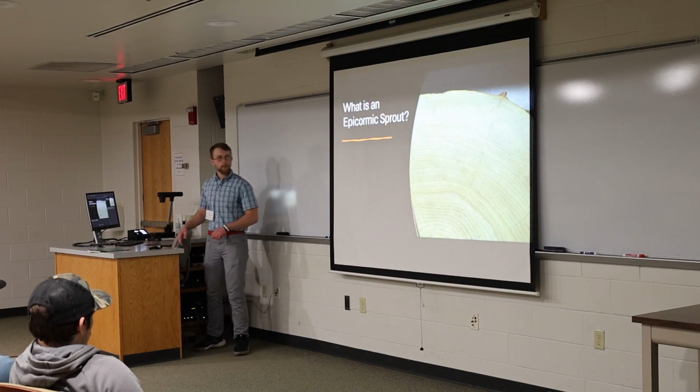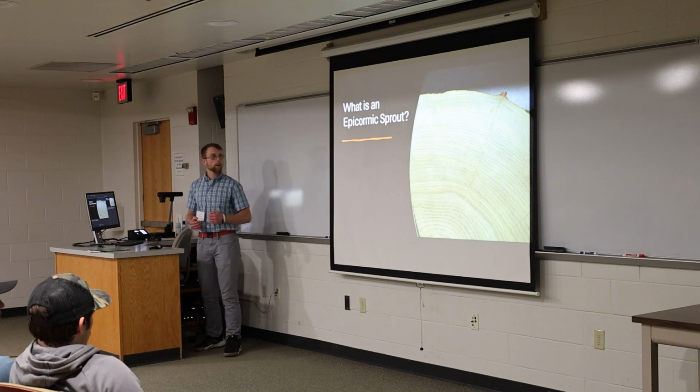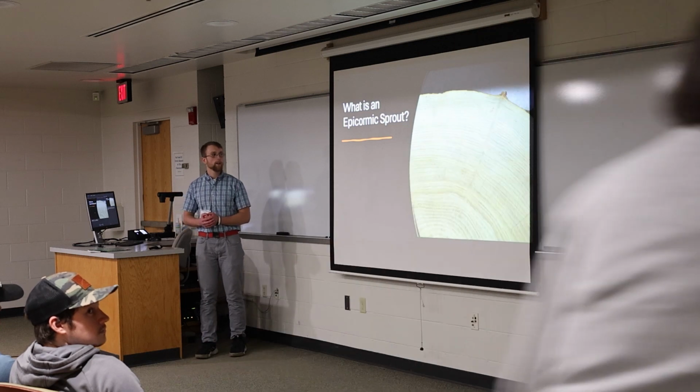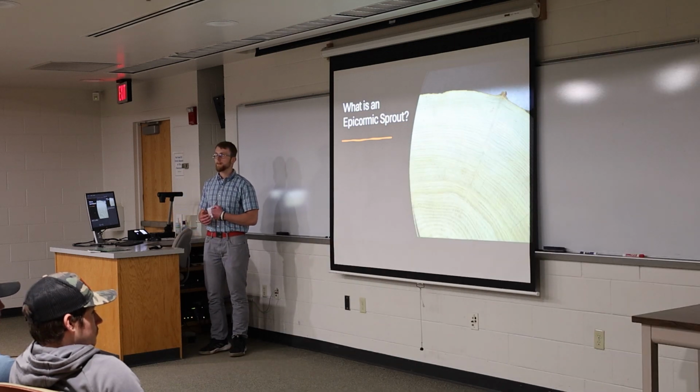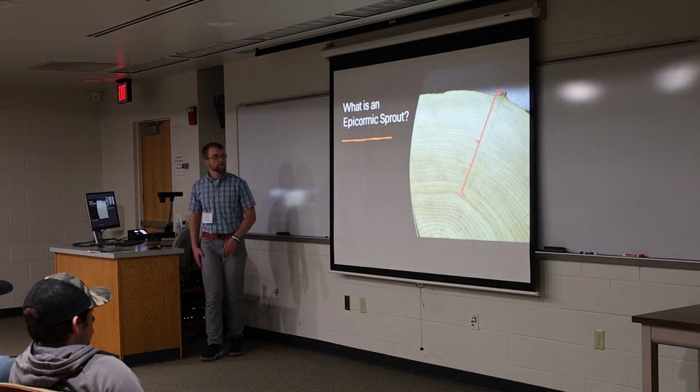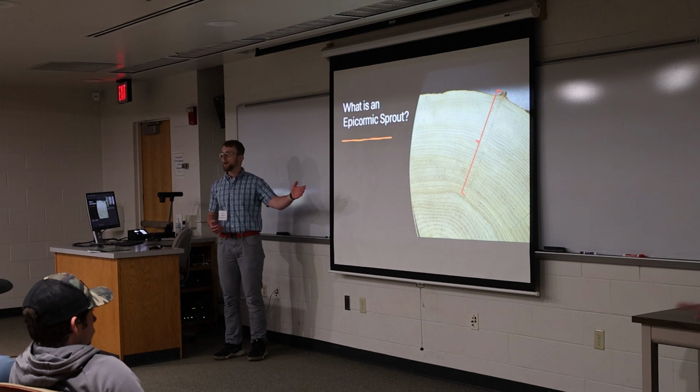So what exactly is an epicormic sprout? An epicormic sprout is a branch that is associated with a dormant bud that oftentimes originates in the first few years of a tree's life. And the picture on the right is an image of one of these dormant bud traces.